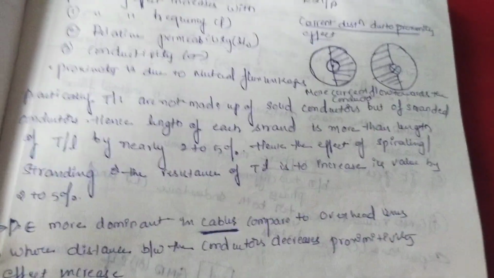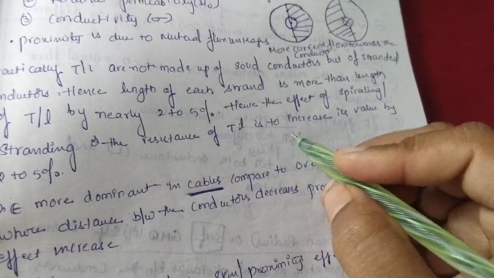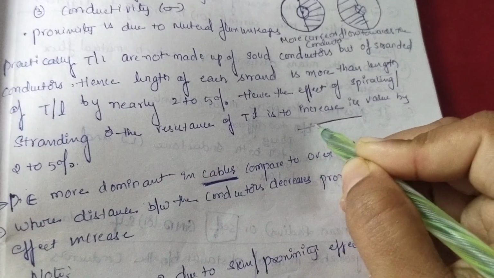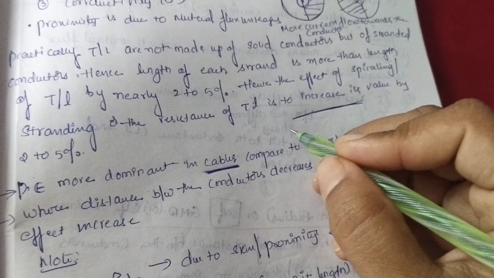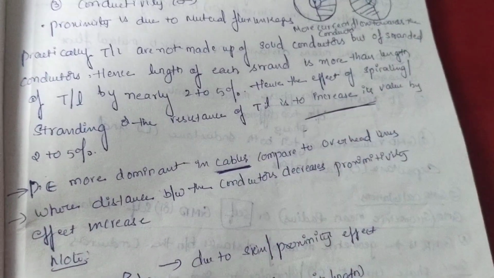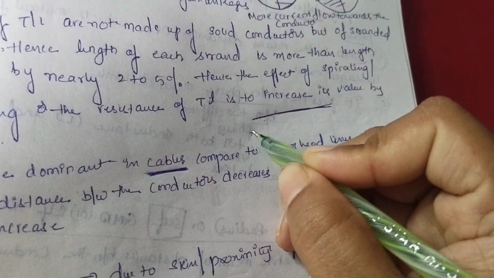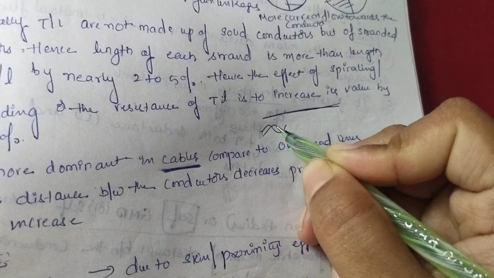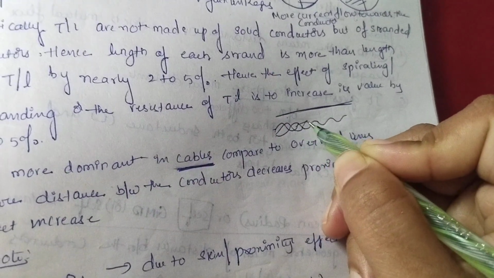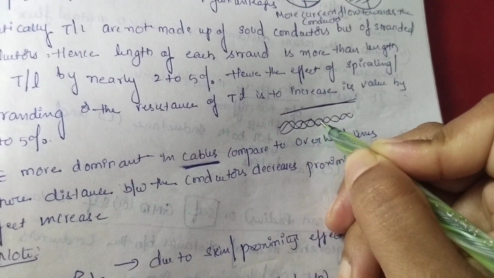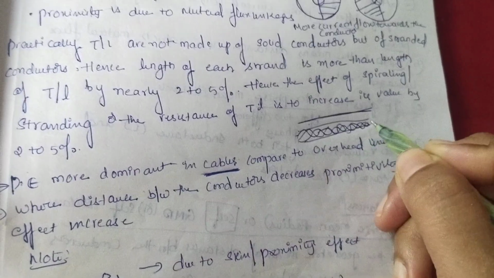Because if there are multiple conductors, see, if I have spiraled like this, these are multiple conductors.